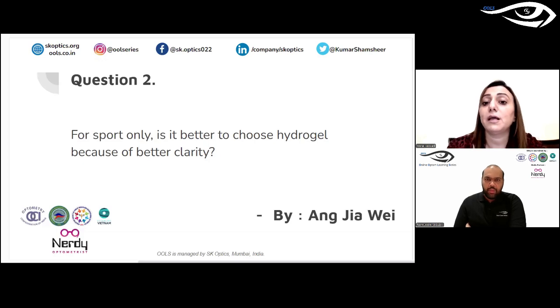For example, for swimming, you can't wear either hydrogel or silicone hydrogel. If you wear contact lenses, you need to wear goggles. So it's not about choosing hydrogel because it's more clear. Silicone hydrogels are very clear as well. So you can choose either, but you need to pay attention to the type of sport you're playing.